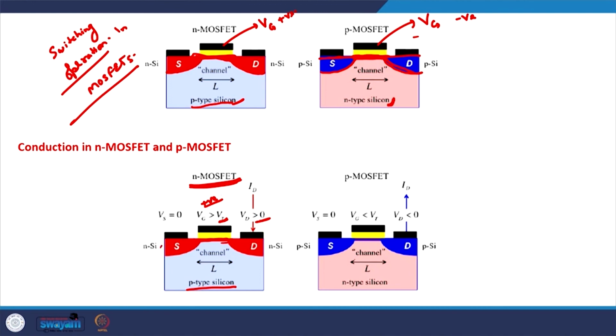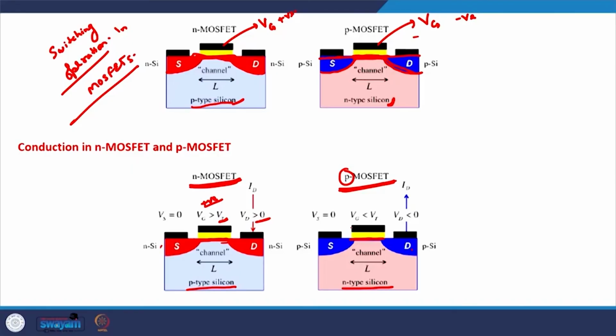Similarly, in the P MOSFET, in which the channel is p-type, that is where the name P MOSFET comes from. The body is n-type silicon, the contacts are p-type silicon, and if we apply a sufficiently large negative voltage, this body will become p-type in a small region just below the oxide, and this is known as the p-type channel.